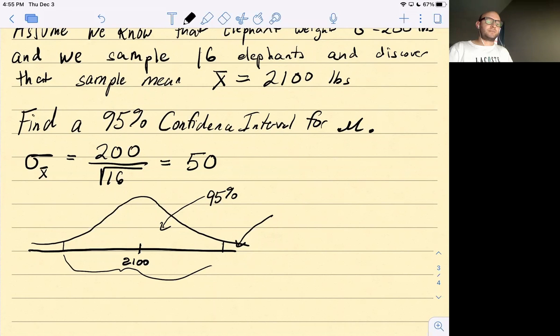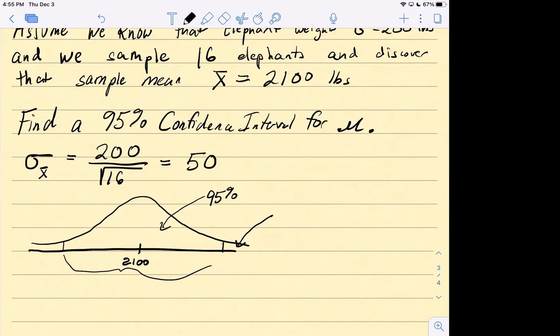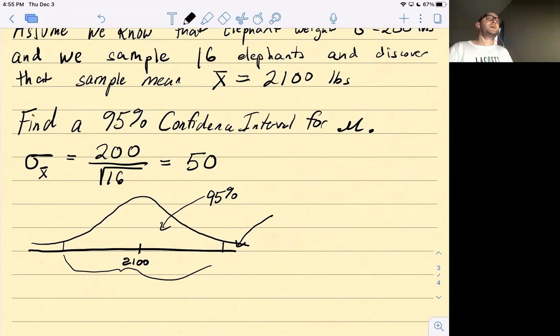Exactly, that's right. And the thinking of this is a little bit backwards, because what we've done so far has been the opposite, where we're given mu and we want to say what's the chance of an observation happening. But now I'm given an observation and I want to say what's the chance of mu being close to that observation. There's an interesting reversal that we're applying here with the bell curve.